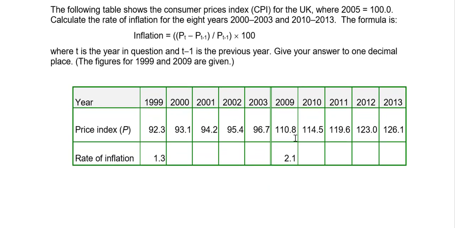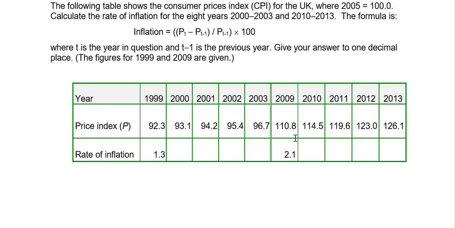Right, question 4. The following table shows the consumer price index, CPI, for the UK. These are actual CPI values, I believe, where 2005 is the base year. Calculate the rate of inflation for the 8 years between 2000 and 2003 and 2010 and 2013. The formula is given.